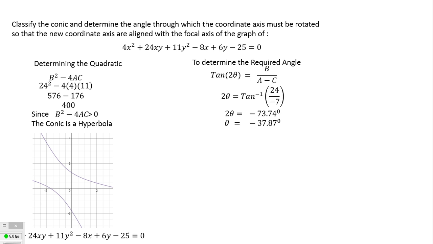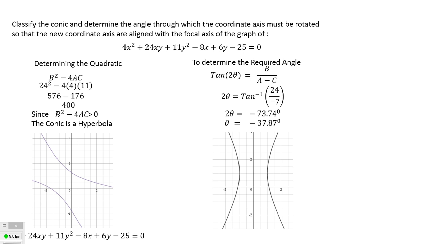So 2 theta is the inverse tangent of 24 over negative 7. So theta is half that, which is going to end up being, as you can see, roughly negative 38 degrees, okay, which is in the clockwise direction.